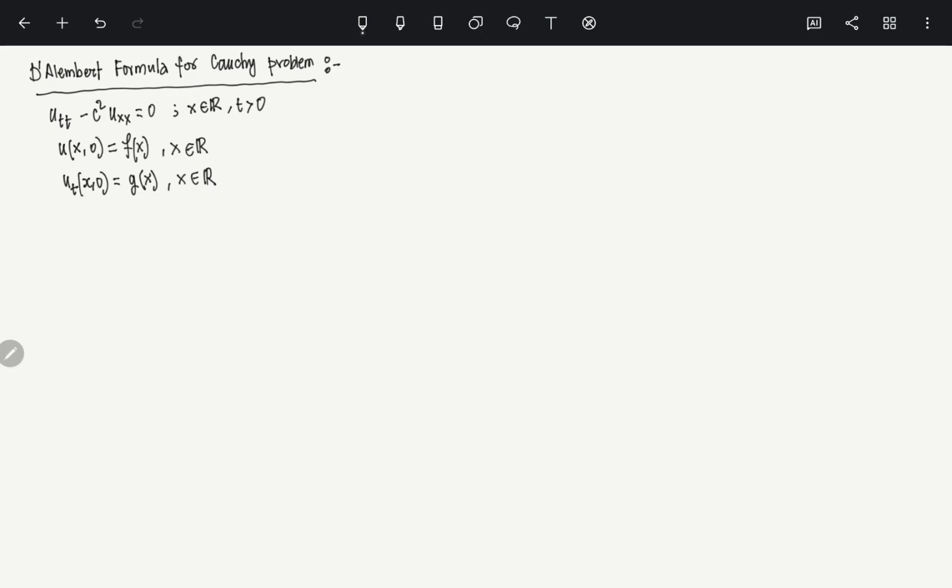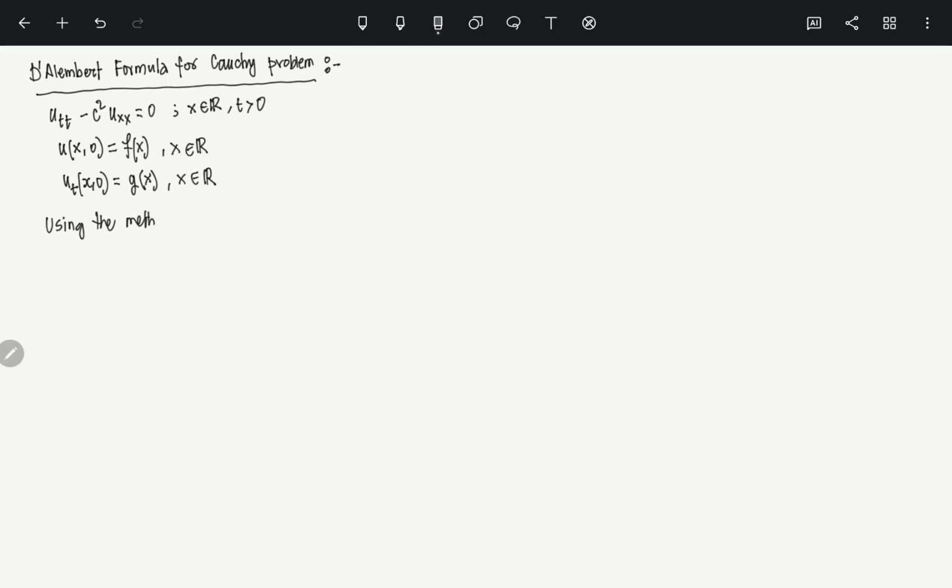Of course you know that we can talk about the characteristic equation of this problem, which we have already discussed. So we can do all that, using the method of characteristics.